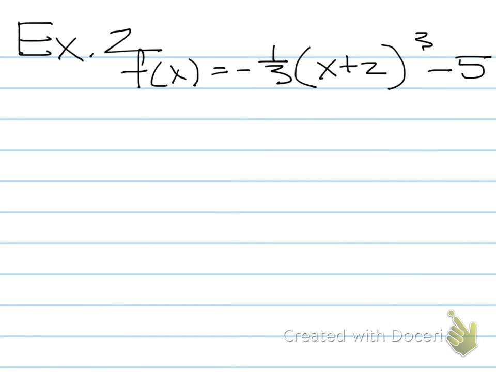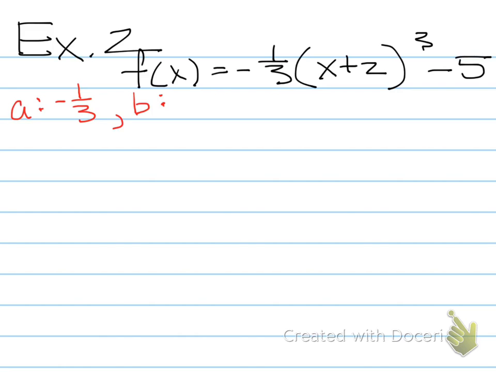All right, now we need to identify some of the key features of this cubic function, starting with a. a is the number in front of the parentheses, so it's -1/3. For b, if there were some inner parentheses, then we would have a value for b, the denominator outside of that inner parentheses.